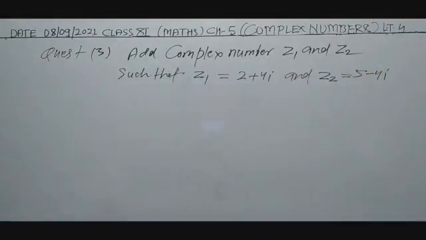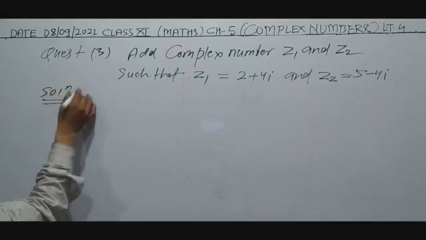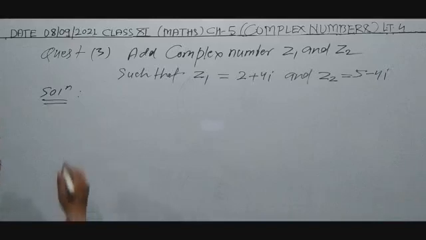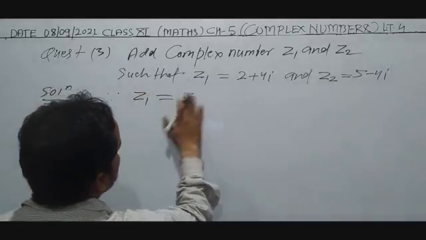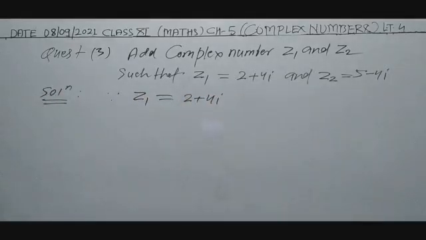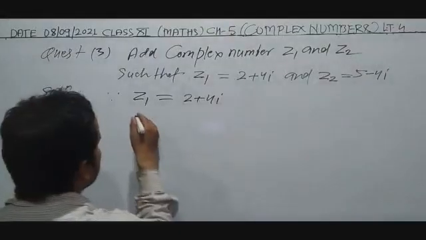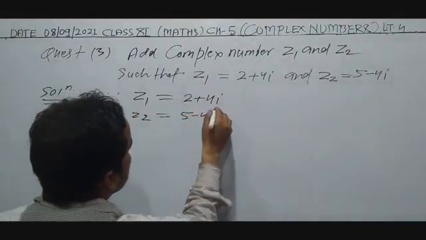So you have to add. So solution is, since Z1 is equal to 2 plus 4i and Z2 is equal to 5 minus 4i.